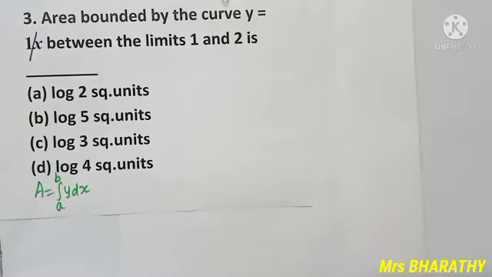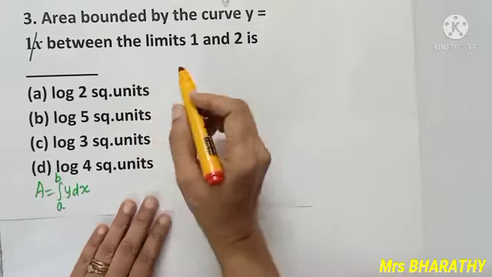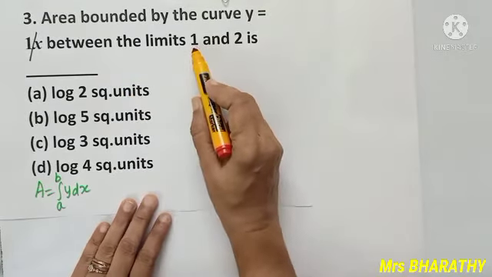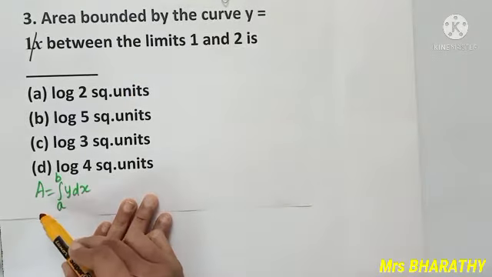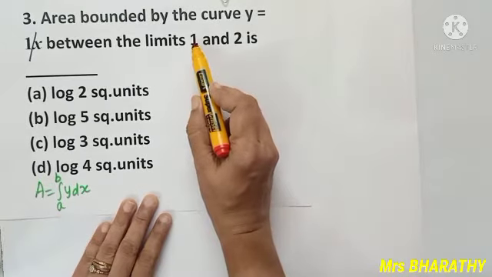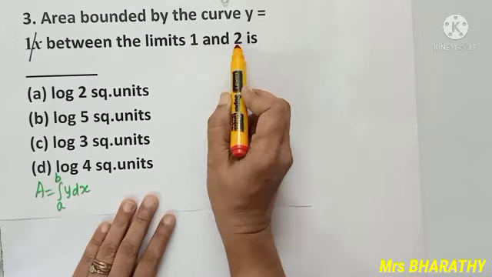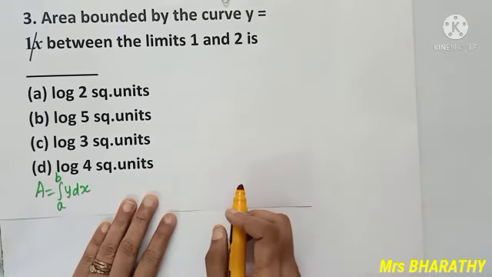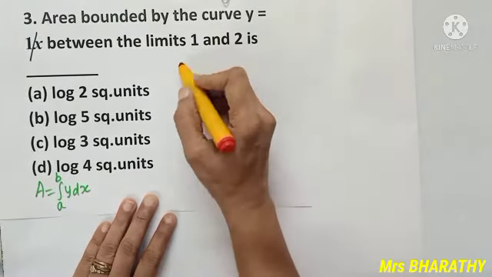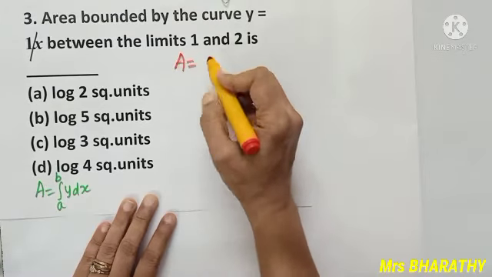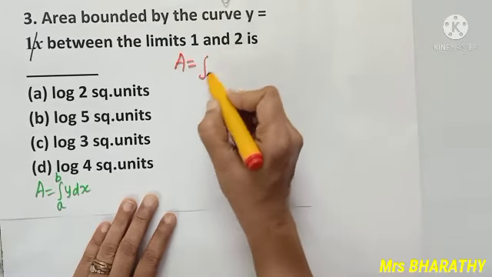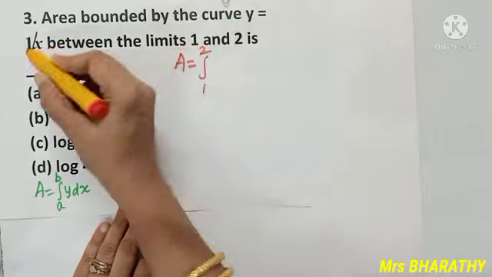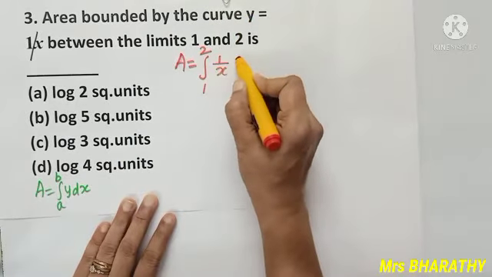Question number 3. Area bounded by the curve y equals 1 by x between the limits 1 and 2. Area between x values 1 and 2, we recall, is integral a to b y dx. As we substitute, area equals integral 1 to 2, y is 1 by x, dx.